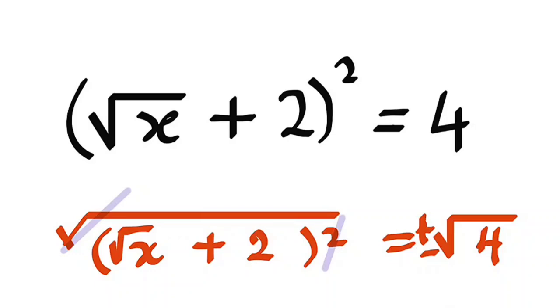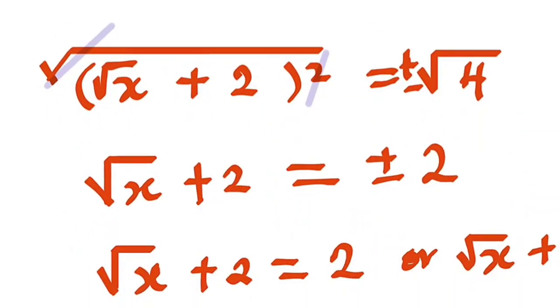Are you following? So now from there, when you move on, we're going to have this equation: √x + 2 = 2, and when you transpose the 2 to the other side, we get √x = 2 − 2.